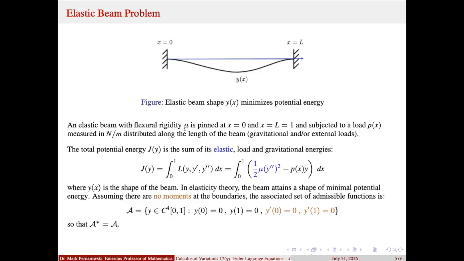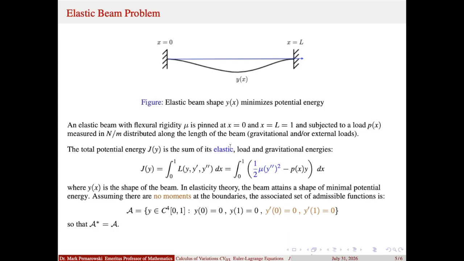And for linear elasticity theory, there are well-developed notions of potential energy due to the elastic nature of the object. If you take a spring, for example, and you pull it, you get 1/2 kx squared as the potential energy in an extended spring. So there are squares of second derivatives that are going to be involved in the stretching part of this. But we won't go into that whole discussion.